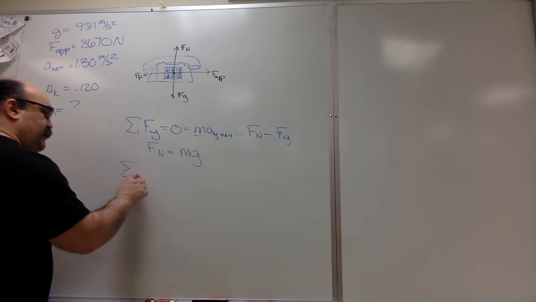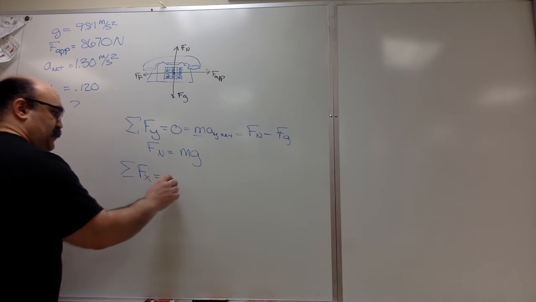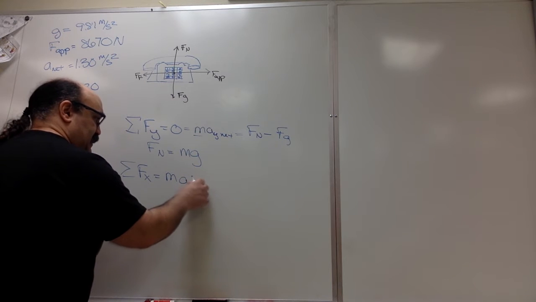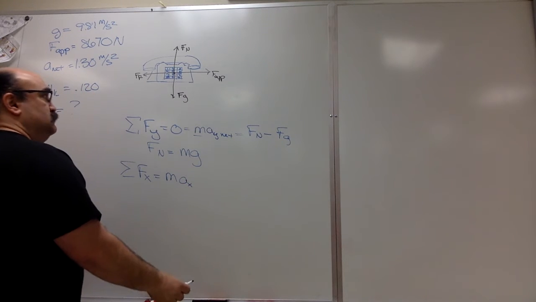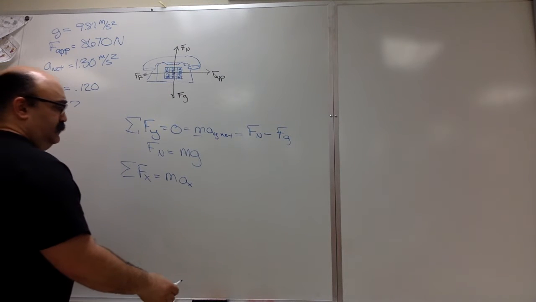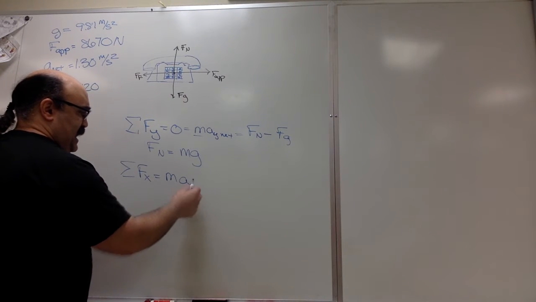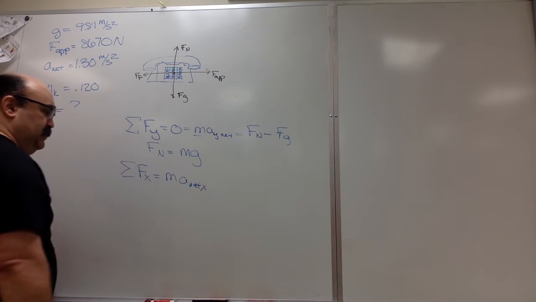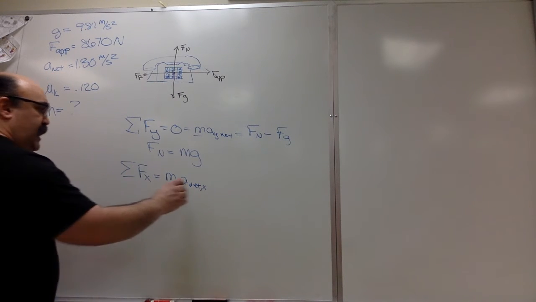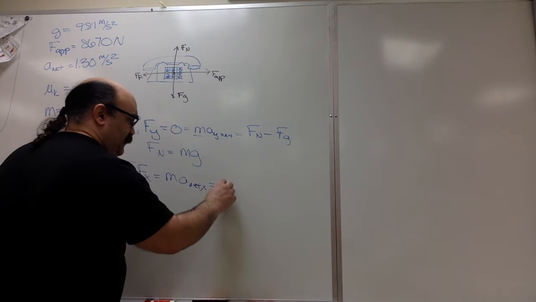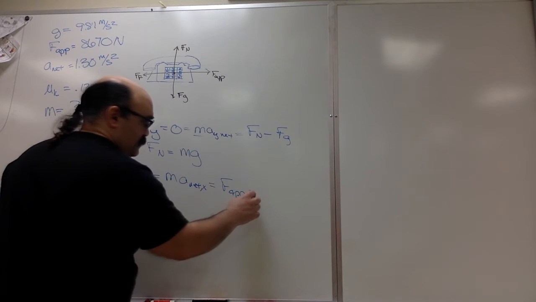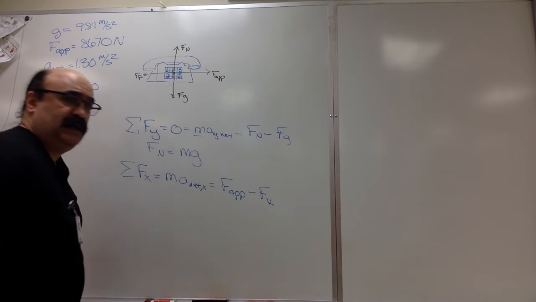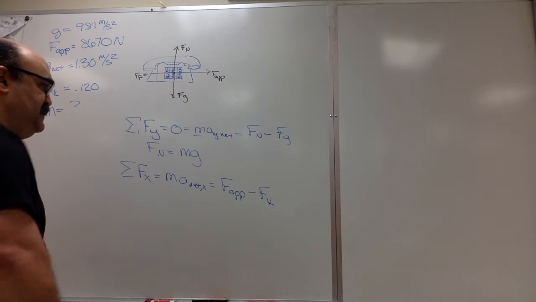Now we want to look at the forces in the x direction. The sum of the forces in the x direction is the mass of the system times the net acceleration in the x direction. We were given that. That must equal the applied force minus the frictional force. In this case, the frictional force is a force due to kinetic friction, F sub k.